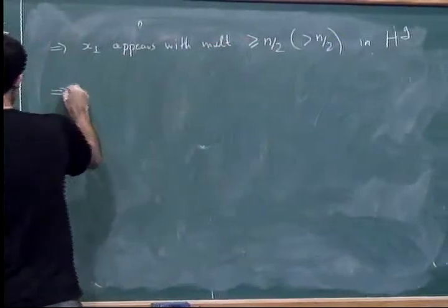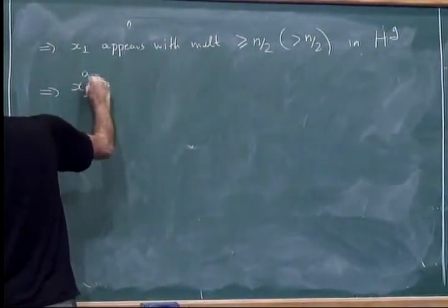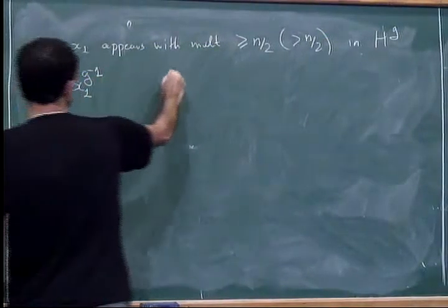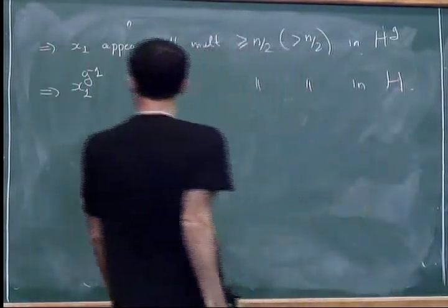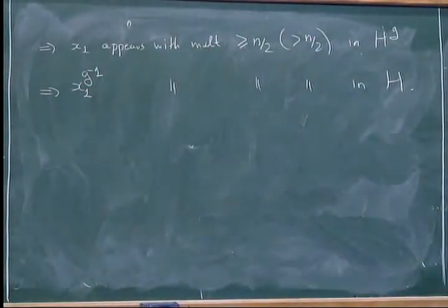Right? But if that's the case, then x1 translated by g minus 1 appears with the same multiplicity in h. And that's what we want to show, that there was a linear factor appearing with this high multiplicity, because we are negating everything here. Okay? So that's how you can use it.